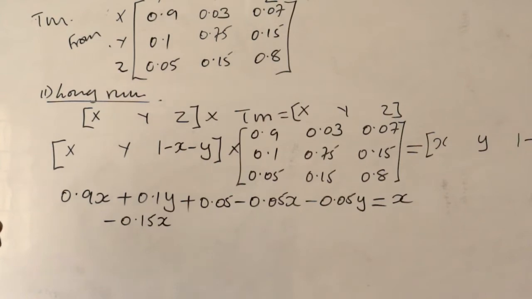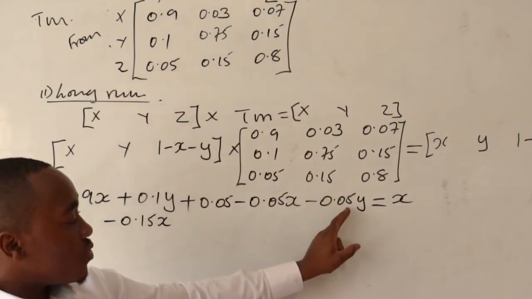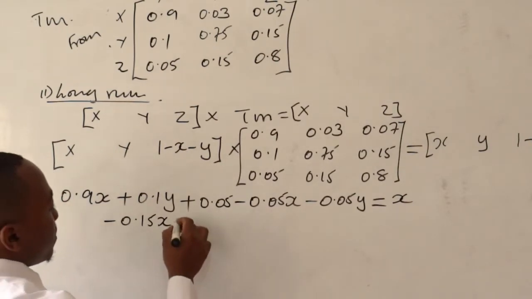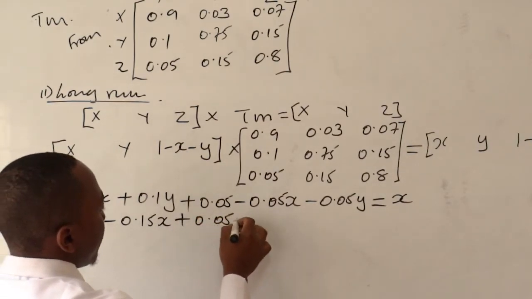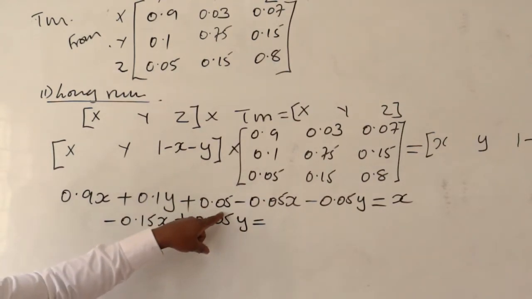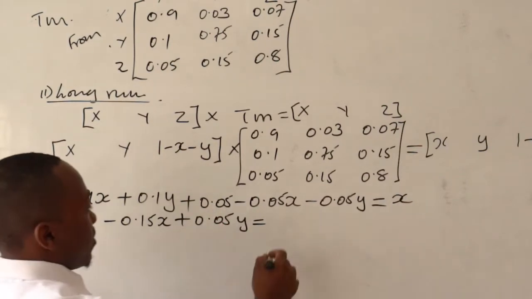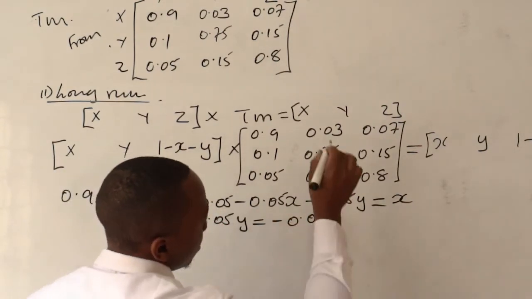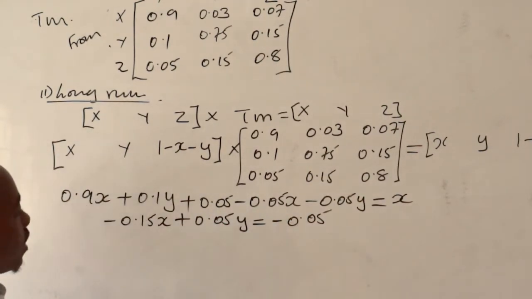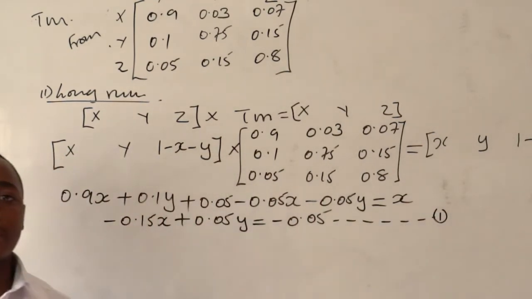What about Y? Y, we have 0.1Y minus 0.05Y. And you have a positive 0.05Y is equals to, this is 0.05, you take it to the other side, it will be a negative. So you have negative 0.05. And you can call it equation number 1.